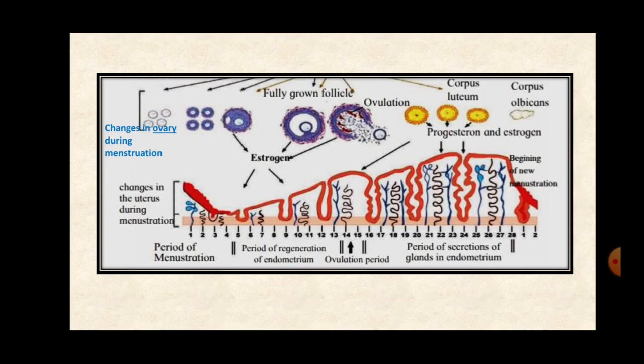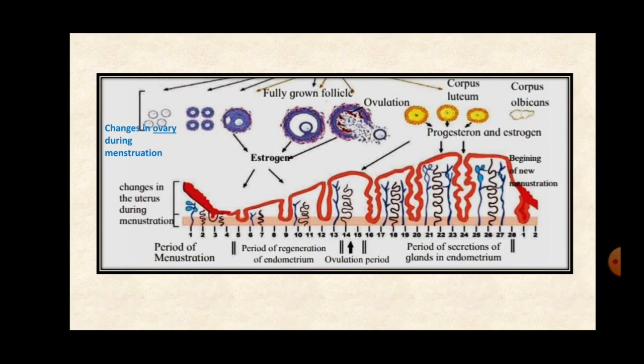This estrogen then is responsible for the formation or regeneration of the endometrium. Now this endometrium, students, is a tissue, a lining of tissue that forms on the inside of the uterus wall. Why is the endometrium formed?